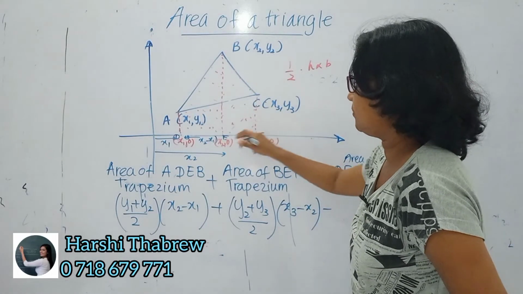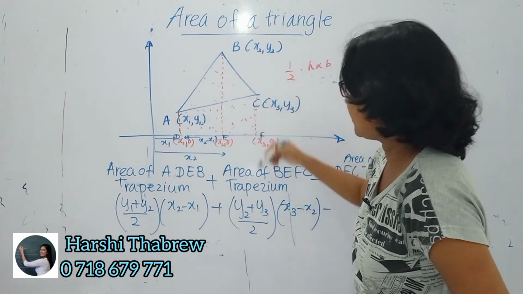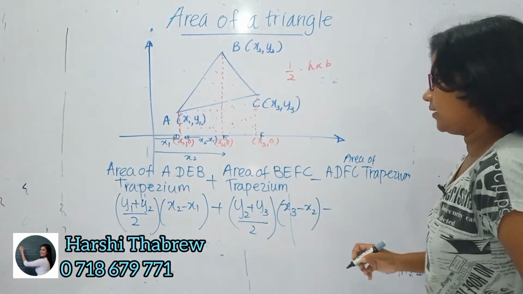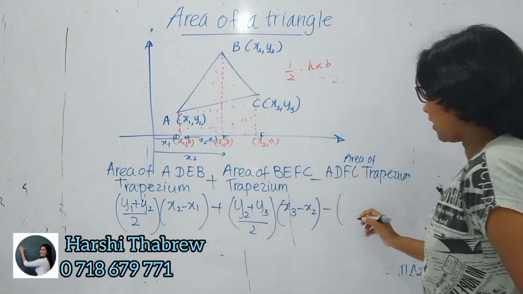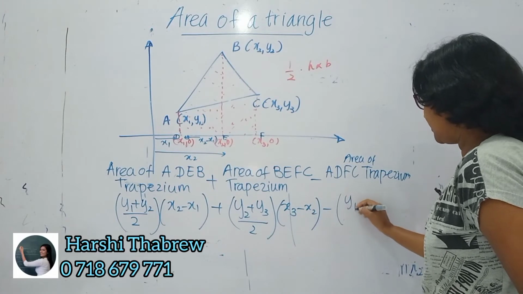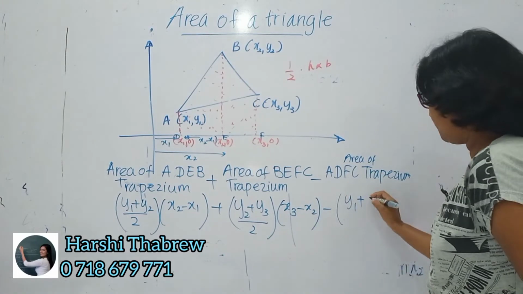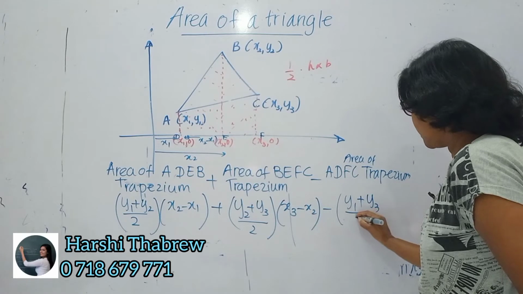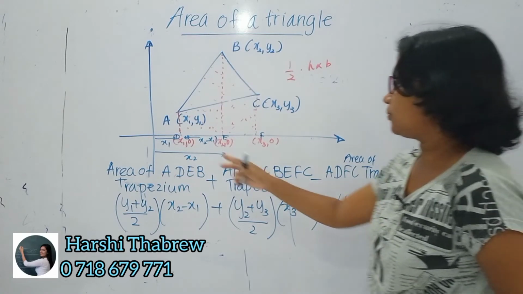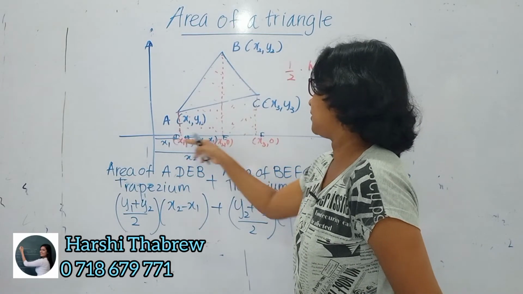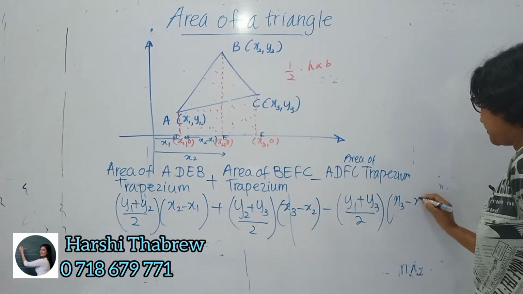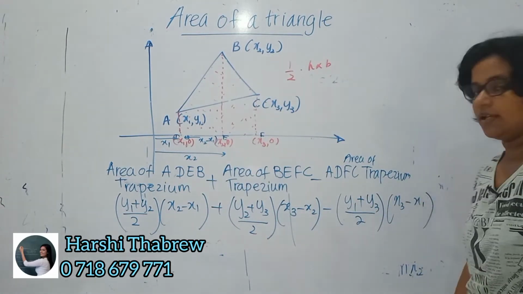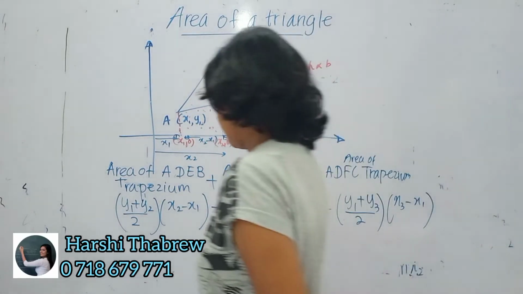For the ADFC trapezium, these two parallel lines should be taken. Then the lengths of the parallel sides are y1 plus y3 over 2. Then you have to multiply it by the perpendicular height. It's x3 minus x1.